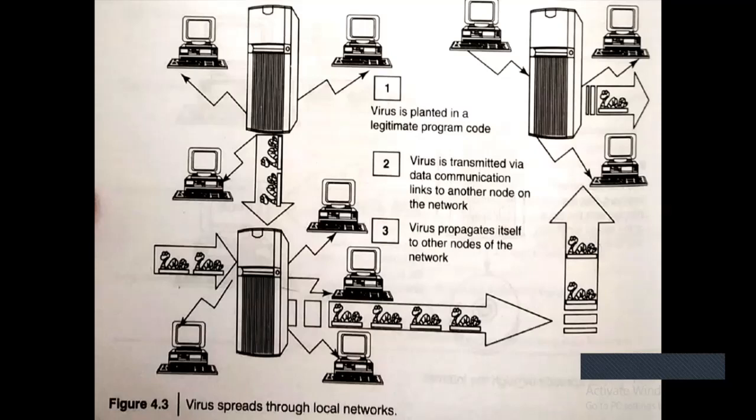But in order to transfer this virus to another system, this server has to request some data from that server. Only then will it send the data, and with that data the malicious code or virus also spreads. That's how the virus spreads through local networks. These are the ways through which a virus spreads: through the internet, in standalone systems, and through networks.